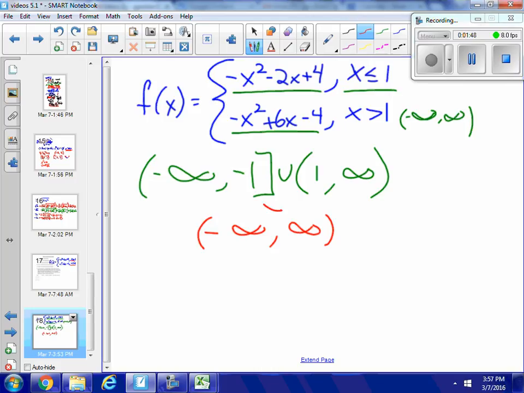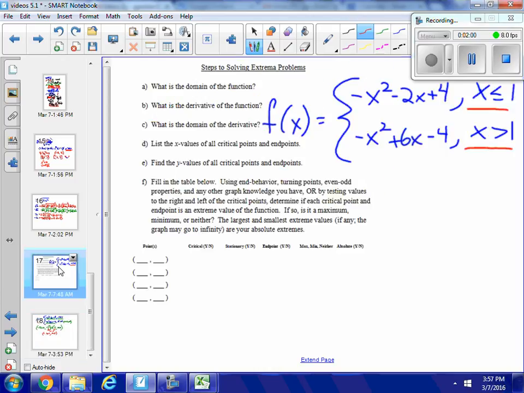The 1 is included in the top piece and excluded in the bottom piece, but it doesn't really matter because it's just one piecewise function. So my domain of the function is negative infinity to infinity.